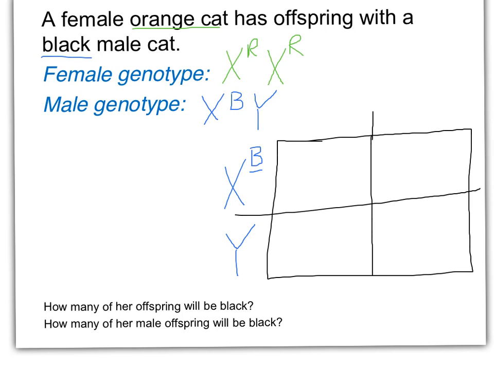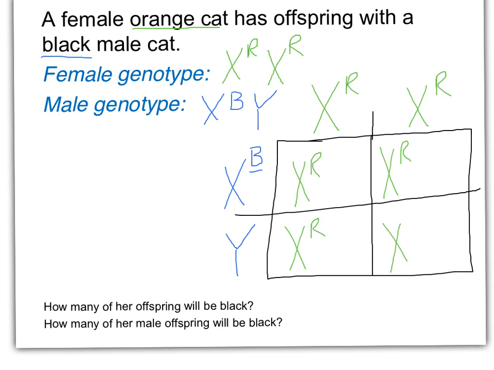And then this young lady right here is this female cat. She has 2 alleles because she has 2 X chromosomes, and they're both orange. So this is what she's going to give her offspring, just the orange allele. Okay, so that's all going to come from the female.